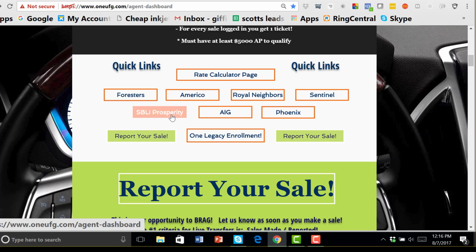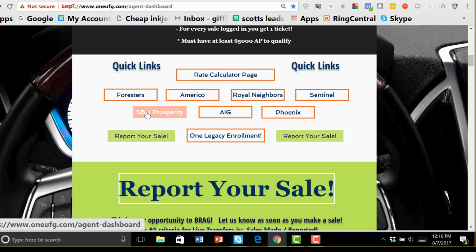Sentinel and Prosperity, we're not too worried about. I don't know that we've written, I think we've written one policy between both of those carriers. AIG, you want to have them for guaranteed issue. They kill Gerber with their rates. That's why we don't even have Gerber up here anymore. And Phoenix is nice to have, but you don't really need it because you can still write under 50 with Royal. So those are our main carriers.